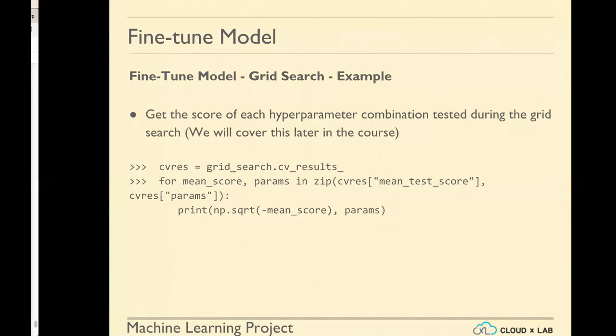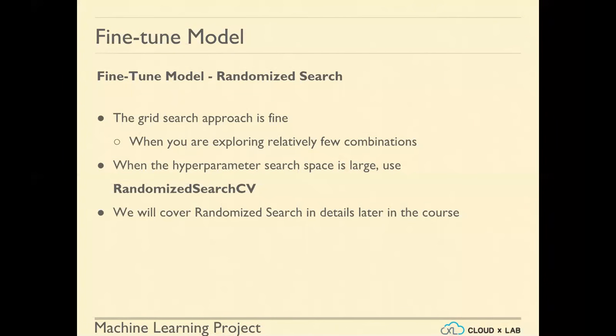Now, the next is that the grid search was fine, but as we saw, as the number of parameter possibilities keeps increasing, the combinations become really huge.